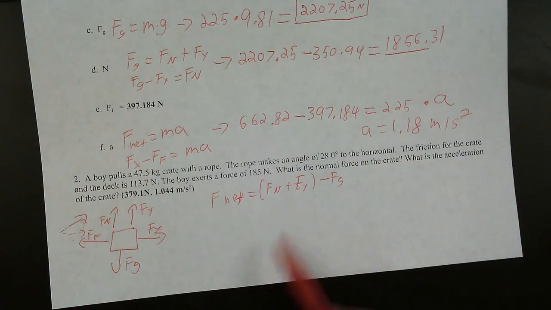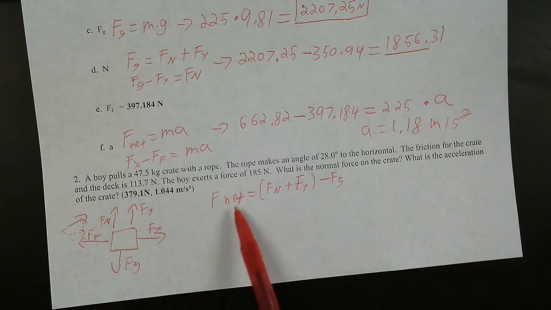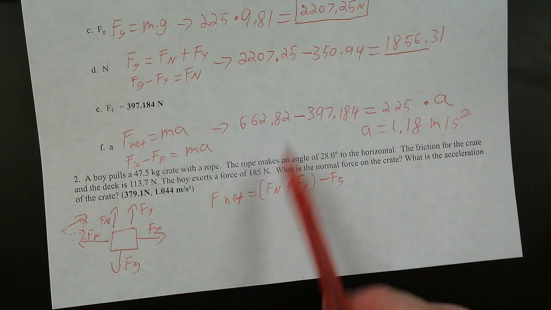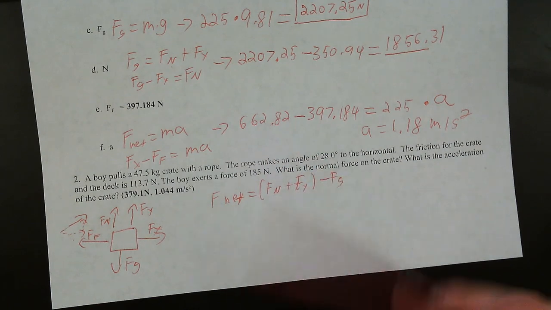There's my formula. At this point, I would want to start plugging in things and solving. However, here's the problem: I don't know what a lot of this is. There are some things I do know. For example, I do know my net force in this case. He's sliding it to the right, not up or down, so it's not accelerating up or down.